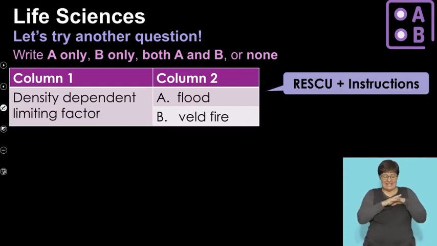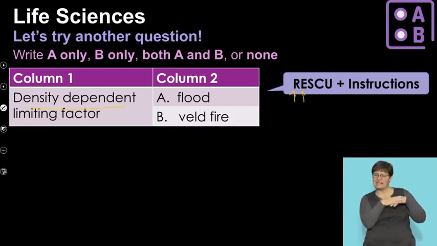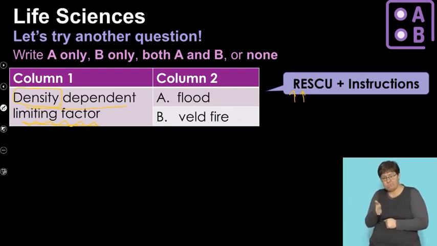Density dependent limiting factor, I'm doing the read part, flood or veld fire. Now let me move on to the eliminate. I've got to try and remember what a density dependent limiting factor is. I know that it's going to limit the size of a population and it is dependent on how many organisms there are in the population.